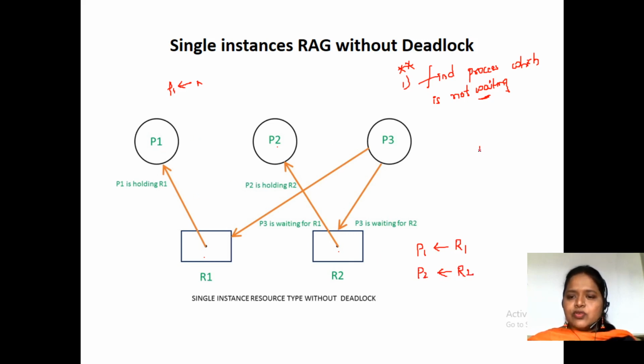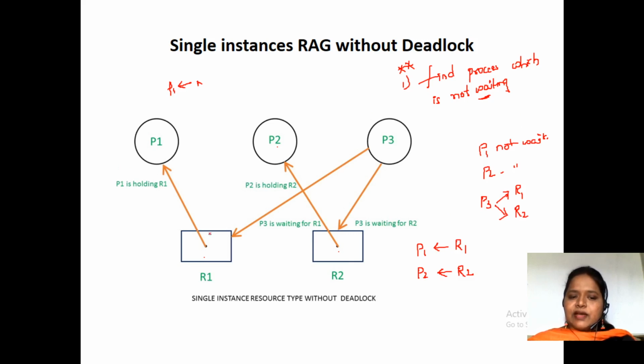No, P1 is not waiting. Is P2 waiting for any other resource? No, P2 is not waiting. And P3 is waiting for R1 and P3 is waiting for R2. Fine. Here we will not find any sort of deadlock.